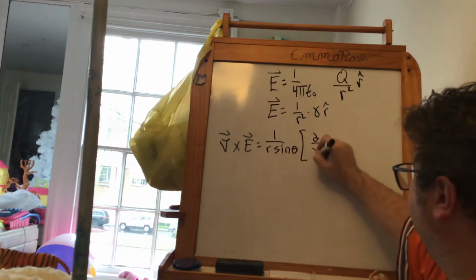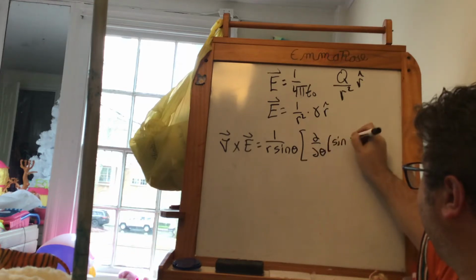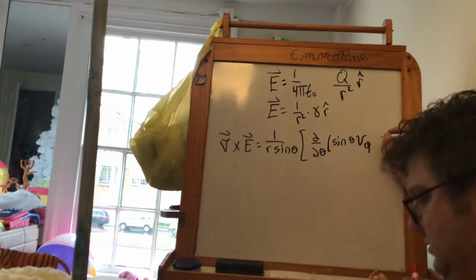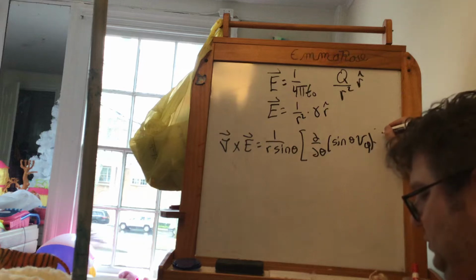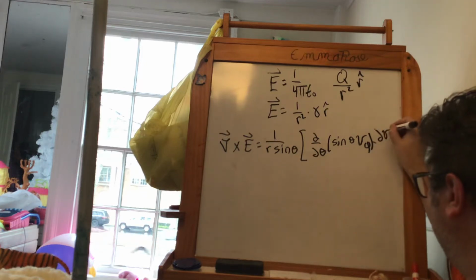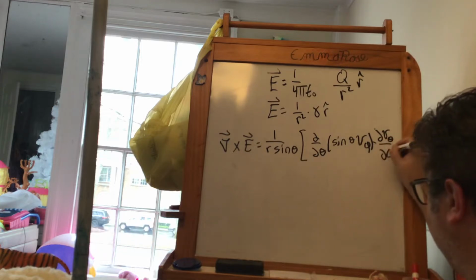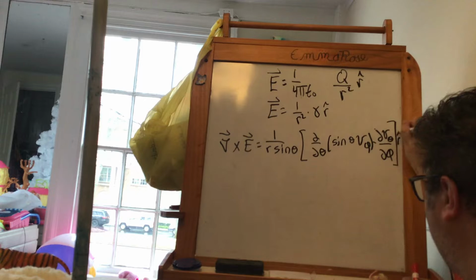The derivative with respect to theta, sine theta, v phi, minus dv theta d phi, and all that points in the r hat direction.